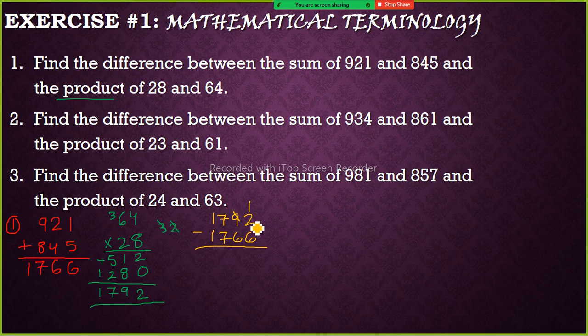We borrow, that's 12, so that'll become 6. This is 8. 8 minus 6 is 2. 0 is a 0, so the answer is what? 26. Anyone got 26 as well? Yes, I got 26. Okay, excellent.